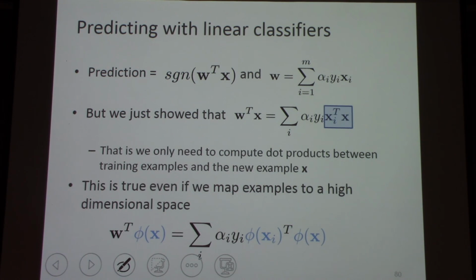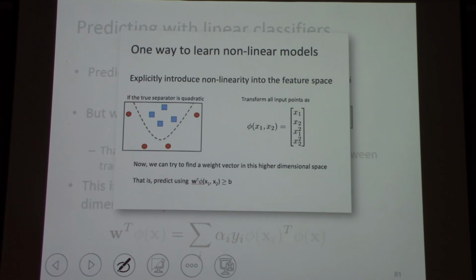Say you had to do a feature transformation phi before applying your classification, same property holds. Every place that you see x, you use a phi. So instead of doing x transpose x, you're doing phi of x_i transpose phi of x. And an example of a phi, we've already seen such an example, you do this quadratic lifting.